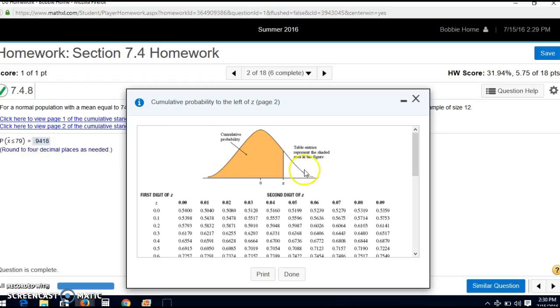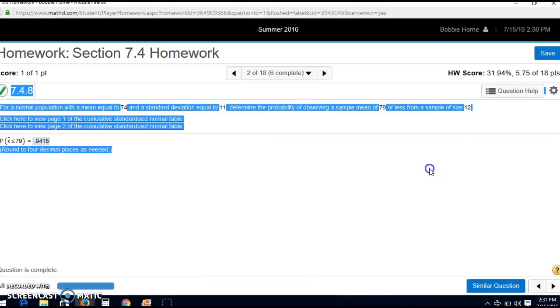If you wanted to find the probability of it being greater than this value, you would take the number 1 and subtract out the probability of all of this. So if it asks for x greater than or equal to 79, you would say 1 minus this number. But since it's less than or equal to, that's the value we're giving, so there's no subtraction required.